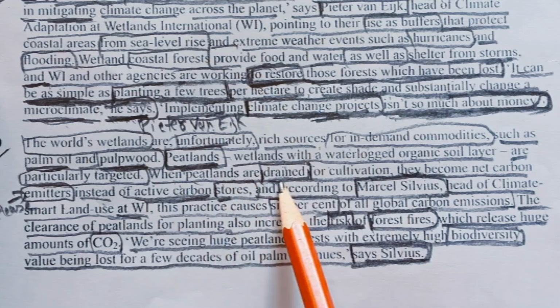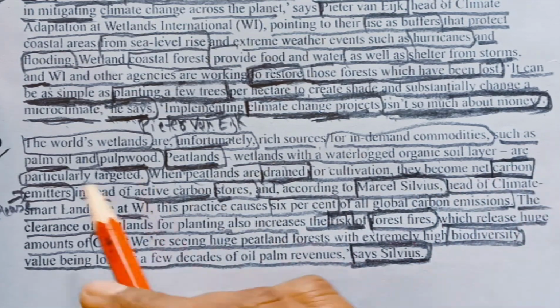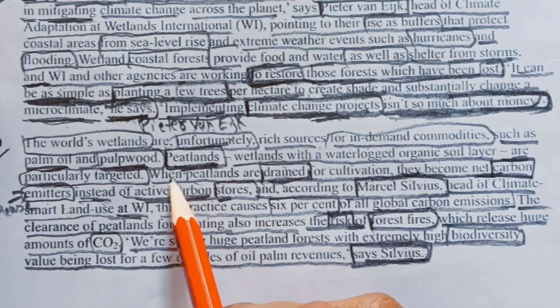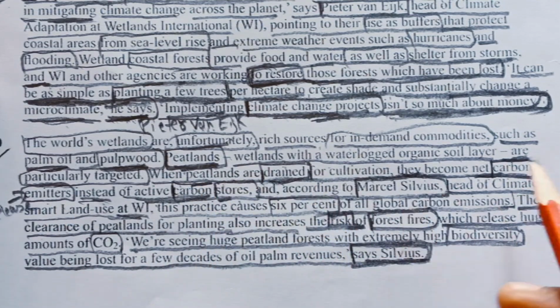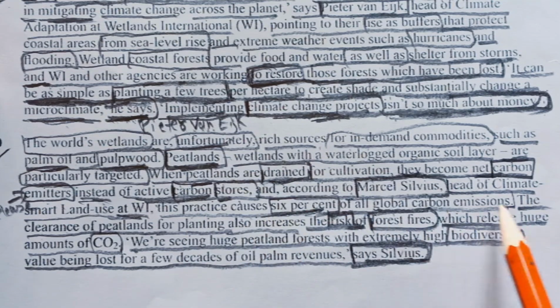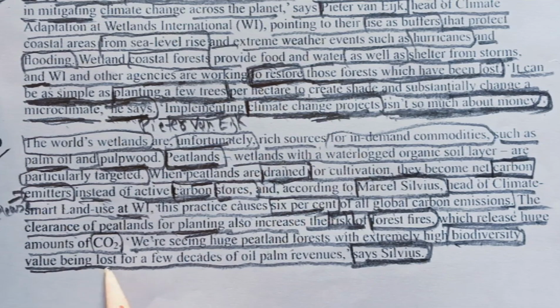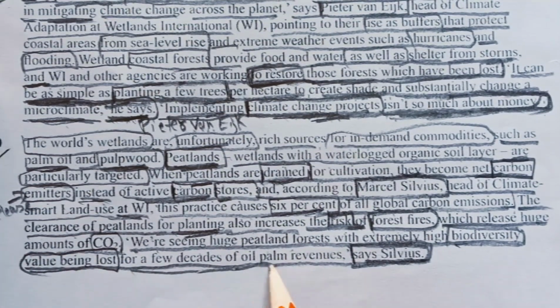When peatlands are drained for cultivation, they become net carbon emitters instead of active carbon stores. According to Silvius, this practice causes 6% of all global carbon emissions. The clearance of peatlands for planting also increases the risk of forest fires, which release huge amounts of carbon dioxide. We are seeing huge peatland forests with extremely high biodiversity value being lost for a few decades of oil palm revenue, says Silvius.